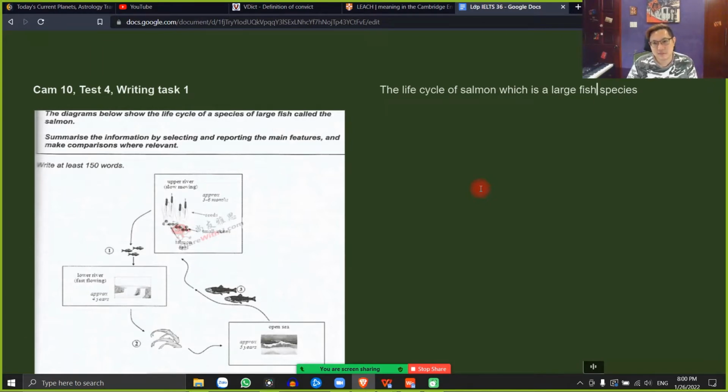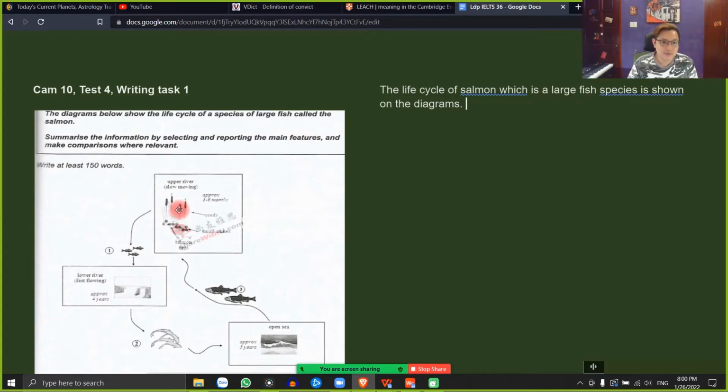Vòng đời của con cá hồi mà là một giống loài cá bự, cá to. The life cycle of salmon, which is a large fish species, is shown. Let's just say, use the word shown here. It's shown on the diagram.